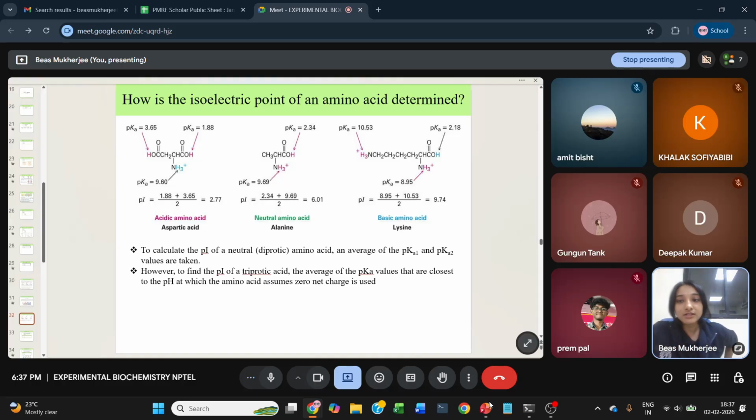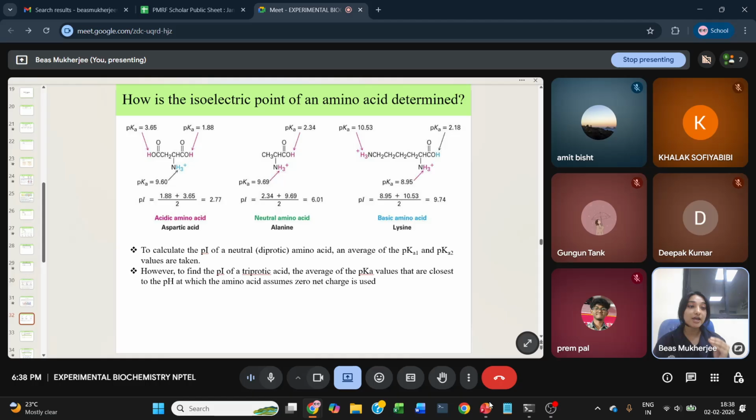Okay. The calculation of the pI of a neutral or a diprotic amino acid. What is a diprotic amino acid? This means that there are only two protonation groups involved, be it COOH and NH3 plus. So there are only two chemical groups that are involved in loss of H plus ion when the pH increases, right? So the average is pKa1 and pKa2.